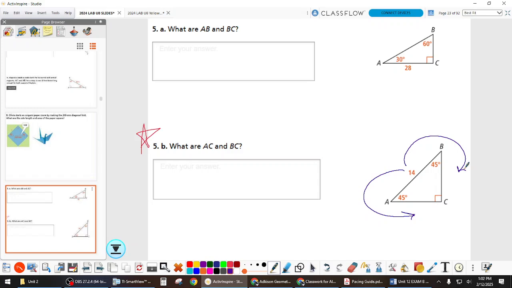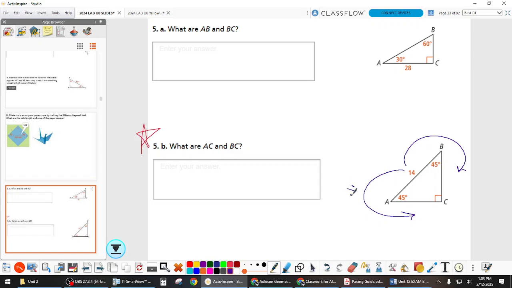Get your notes out and read it. And until you have this memorized, have that in front of you. How do we go from hypotenuse back down to leg? No, read it again. We're given the hypotenuse. Divide by root 2.